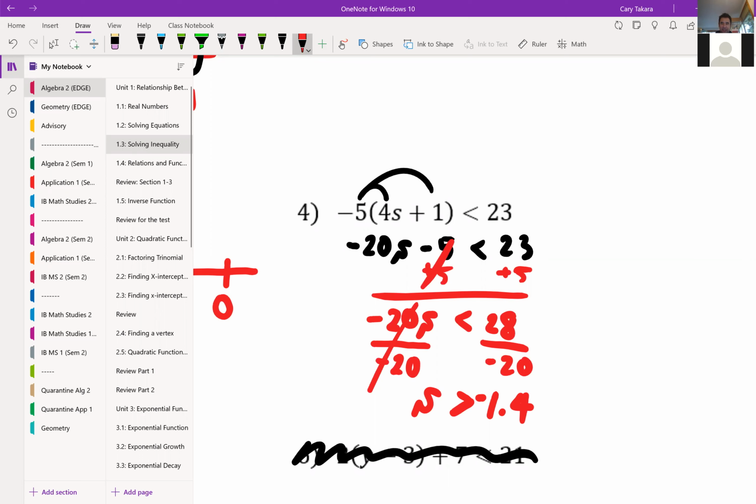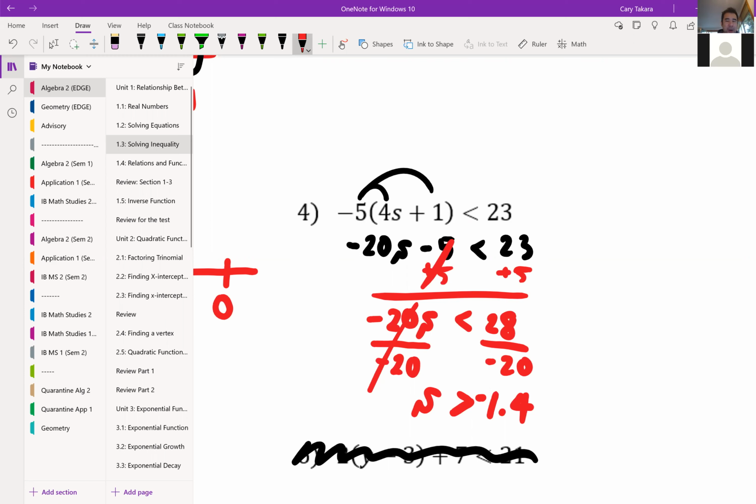Right? Isn't that right? Take a calculator. 28 divided by 20 is 1.4. Okay. It's negative 1.4. So again, you have to flip the inequality sign.